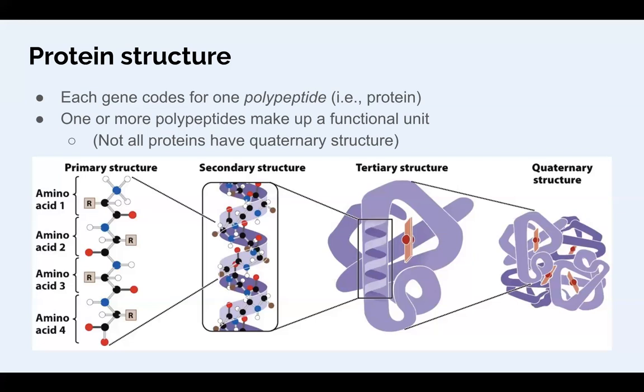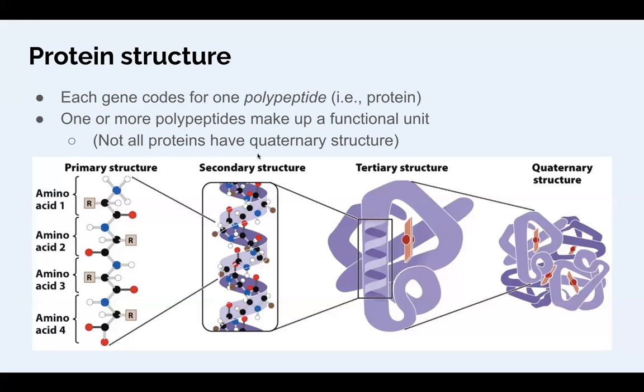But the tertiary structure protein might not have a final function. Sometimes it's a subunit and it has to be packed together with other subunits to make a functional protein. So not every protein is just one-to-one, one gene makes one protein. Some proteins are made up of two or more genes, as we will see.